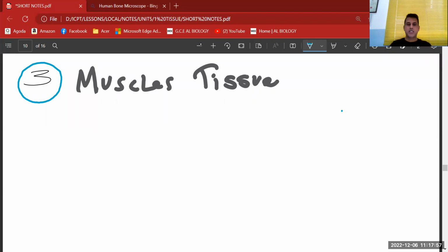So we have a separate section for muscles. We're going to learn everything, but here you get the basic information about muscle tissues. Muscle tissue is made out of muscle cells.